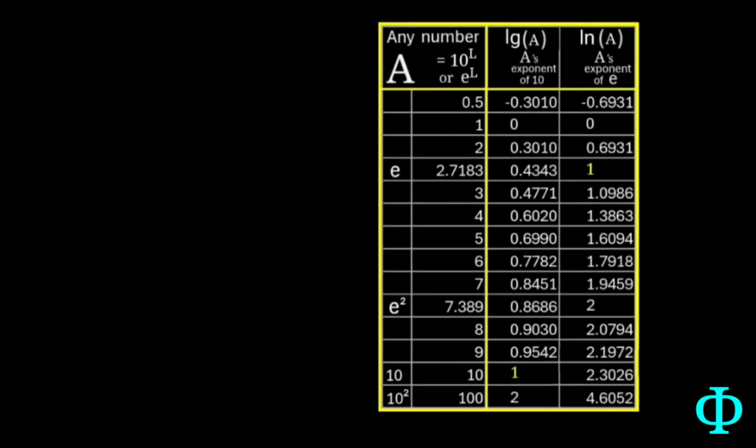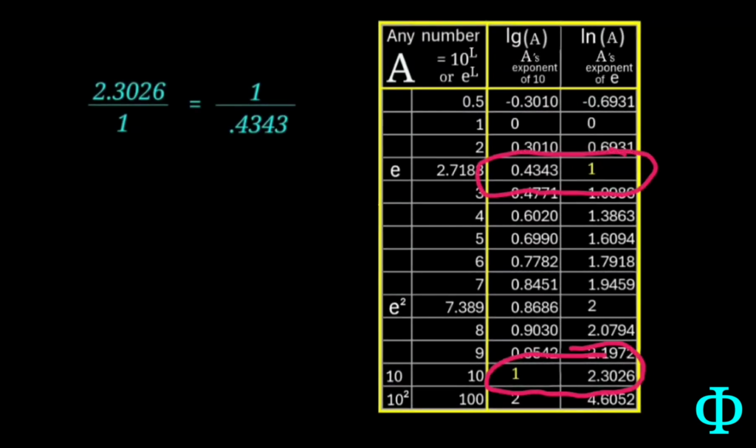Here are the numbers. Is there a consistent ratio between the pair of log values for any given a? Begin by comparing the ratios of the ln values to the Lg values on any line where there is a 1. Now check a few other lines.